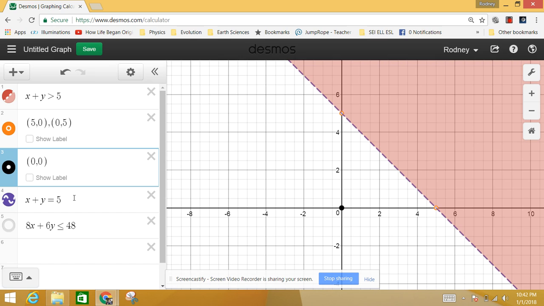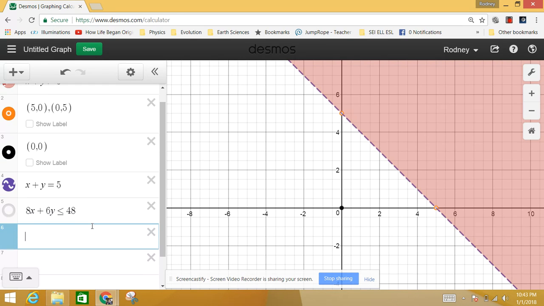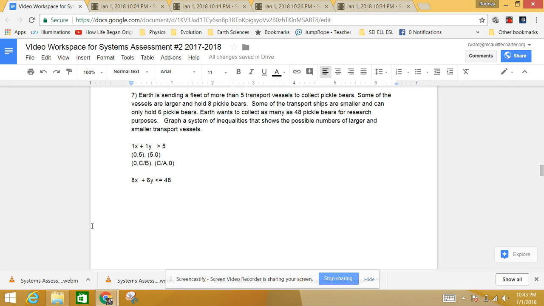Now I've got to do the same thing with my other inequality. So in this case, I'm going to go back in here, and if you remember, once again, use this structure to find the intercepts. So I'm going to actually switch them, so I do it kind of in order.